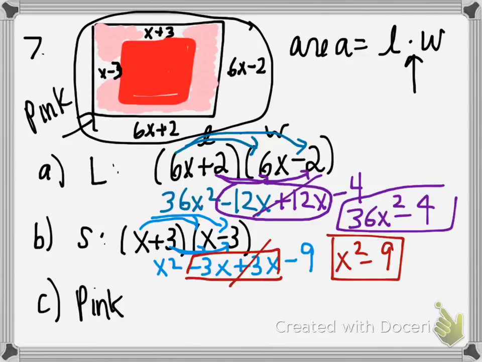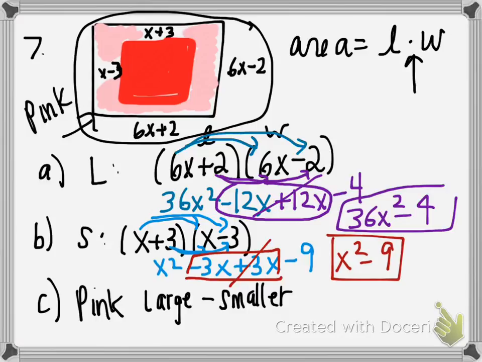So you're starting with the entire larger rectangle, and you would cut out the smaller rectangle, the red, in order to get the pink area. So that's all we're going to do.